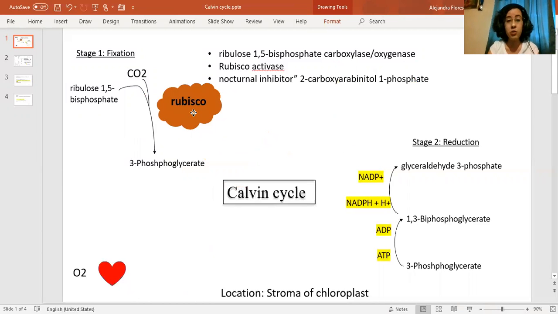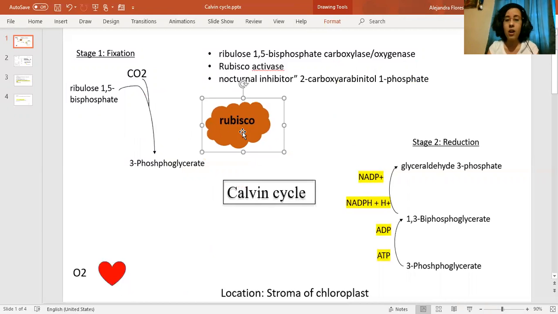Rubisco, as you see, is an important enzyme, so it needs to be regulated. One of the regulations it undergoes is that it's activated by a covalent modification, meaning that the lysine residue 201 undergoes carbamylation to be activated.